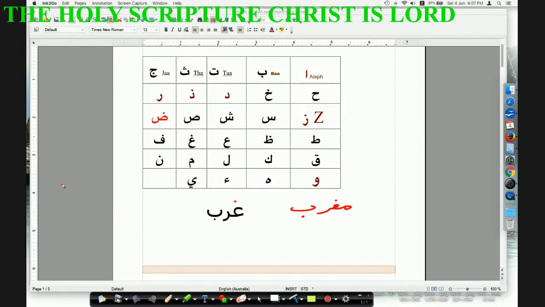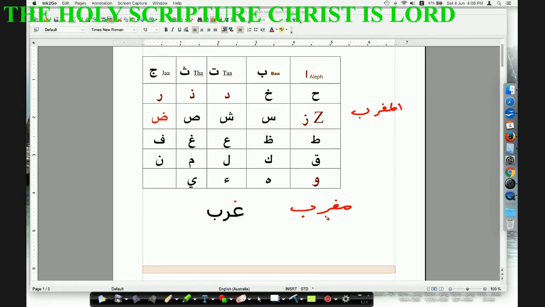Morocco in English, in Arabic we call it Al-Maghrib, which means we add Al at the beginning here. You see how I made the Gha filled, with a dot. Al-Maghrib means Morocco.